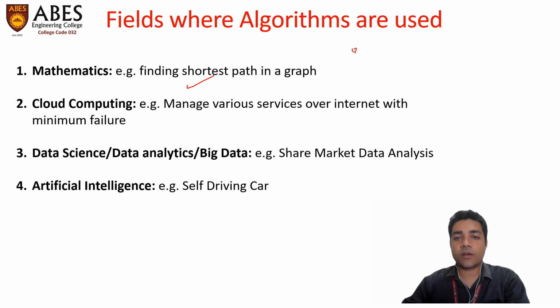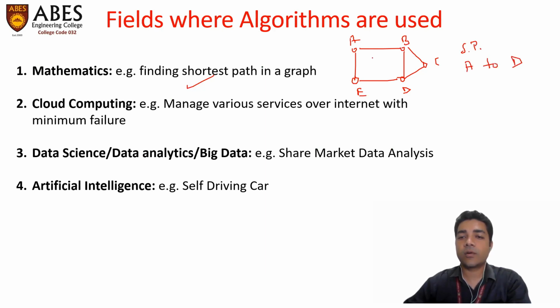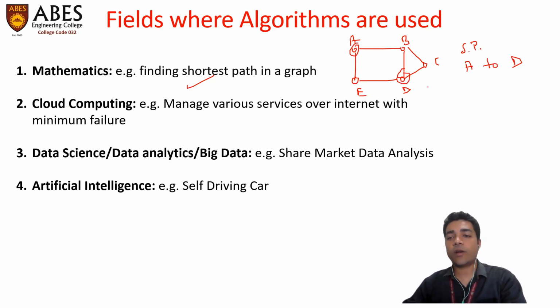Okay, suppose there is a graph like this. And if I just name them A, B, C, D, E, I want to find the shortest path to go from A to D. Okay, from this point to this point, if I want to go, I have to write a program.